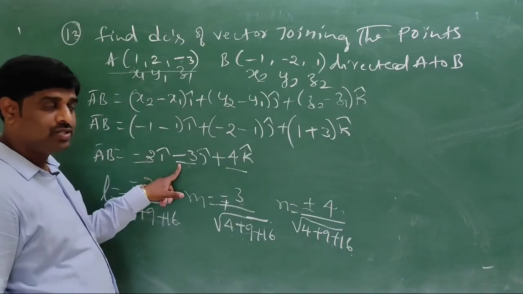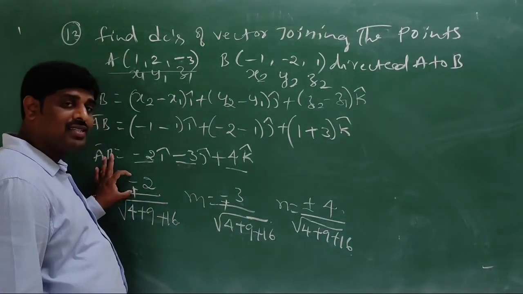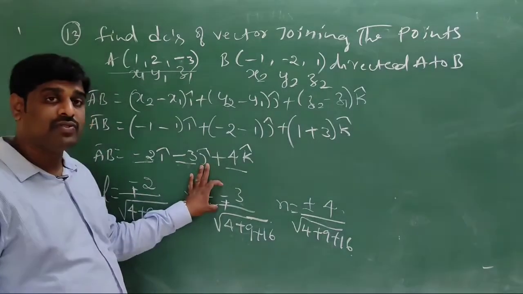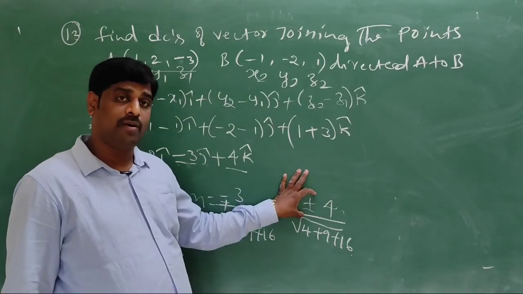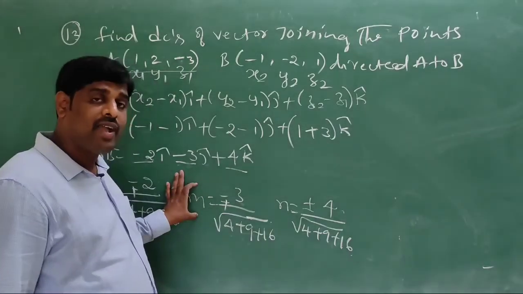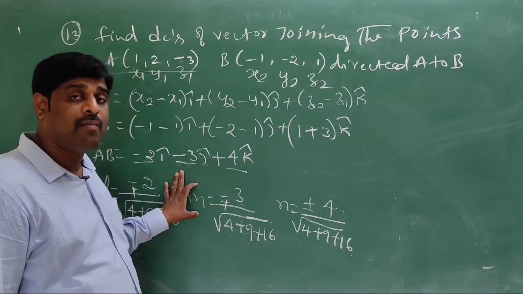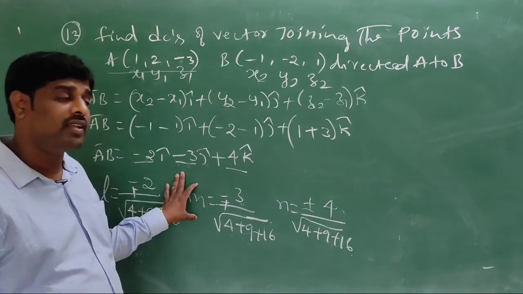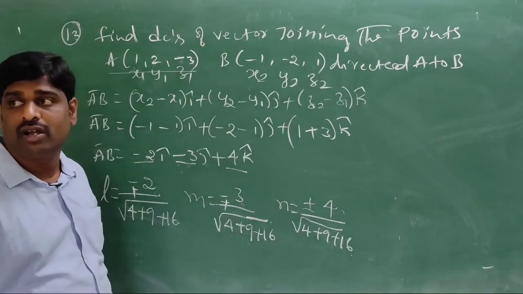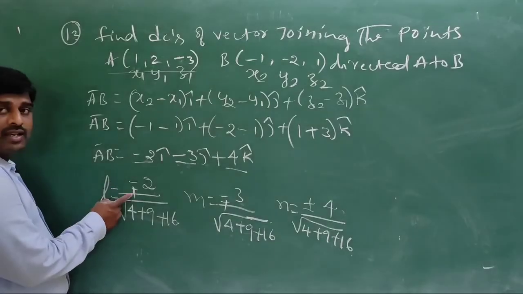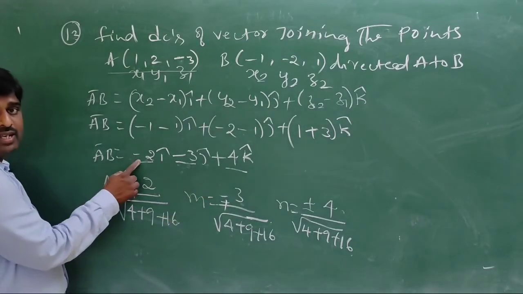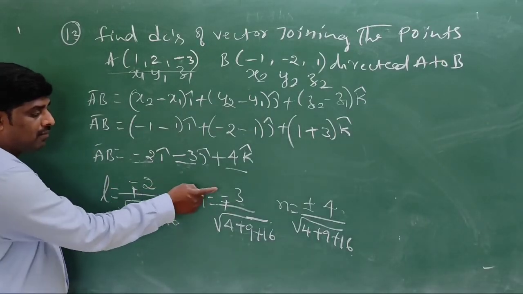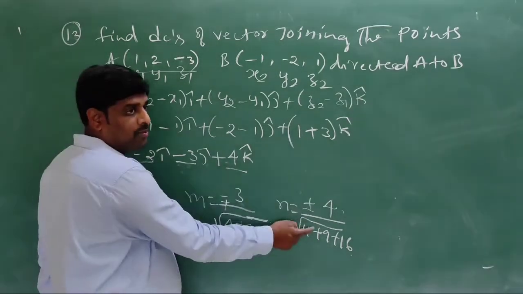Actually in the formula, plus or minus will come for l, minus or plus for m, and plus or minus for n, because when you take the m value, it takes the supplementary of the cosine. That's why minus or plus will come here.